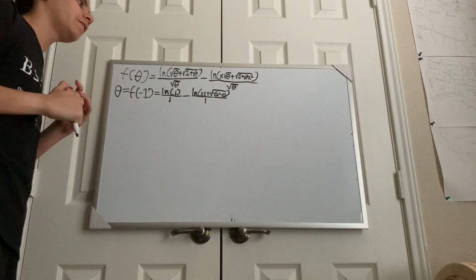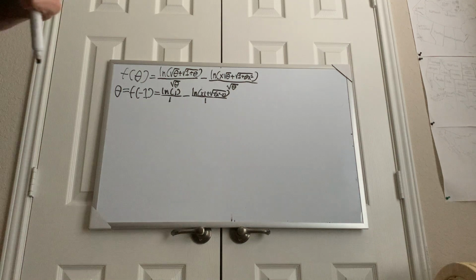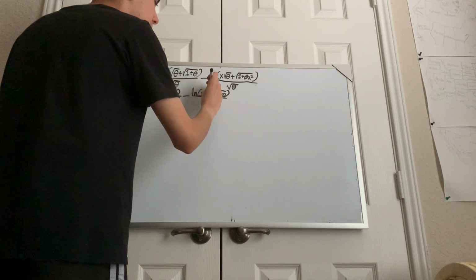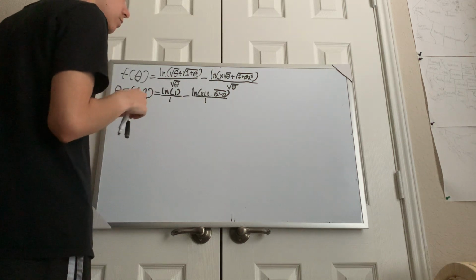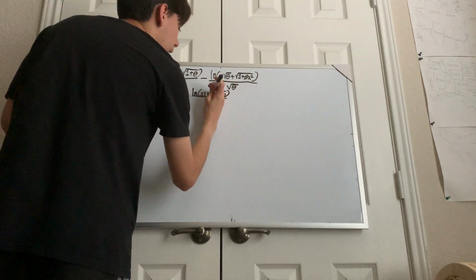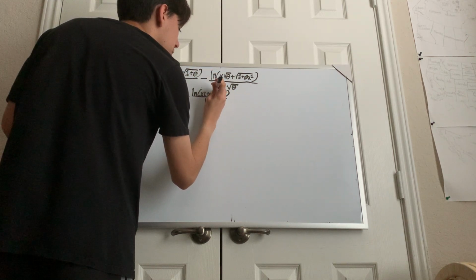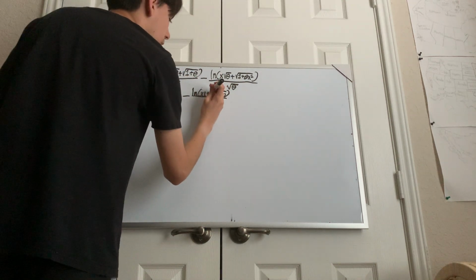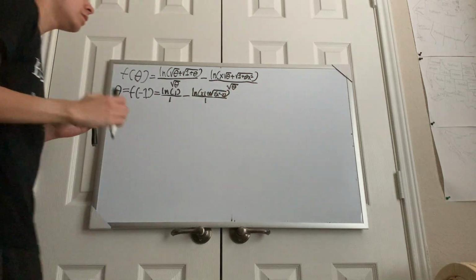And now we can factor out a square root -1 out of this square root, and then we get that this is just i square root of x squared minus 1. This is an i, by the way, not a 1.